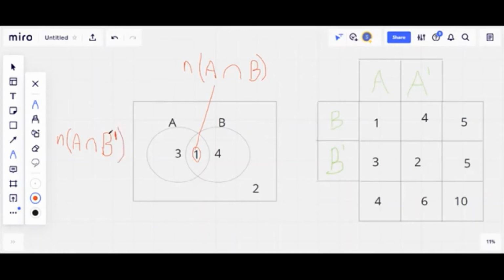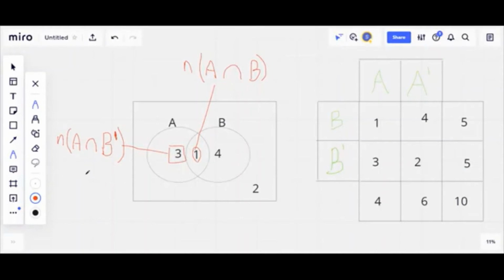And that apostrophe means not. So that's A and not B. So our value here, that's A and not B, is our 3. So it falls into the circle of A, but doesn't fall into the circle of B.